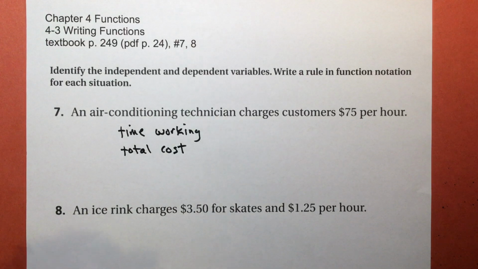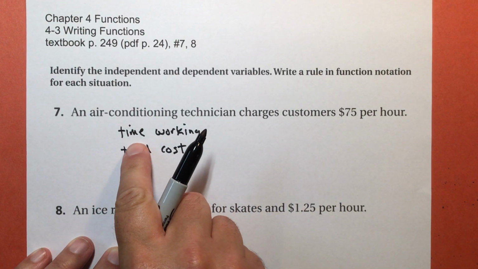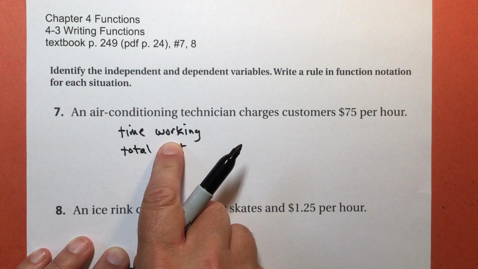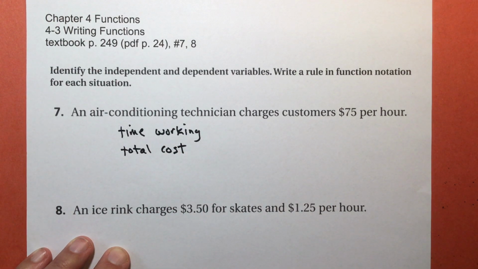Which one's the independent variable? Which one's the dependent variable? So the decision about how much time the tech is going to work kind of depends on the job. If it's something easy, one time I had a company come out and look at our air conditioners, and I felt terrible because it was something I could have fixed. Just something got in the way of the fan blades.